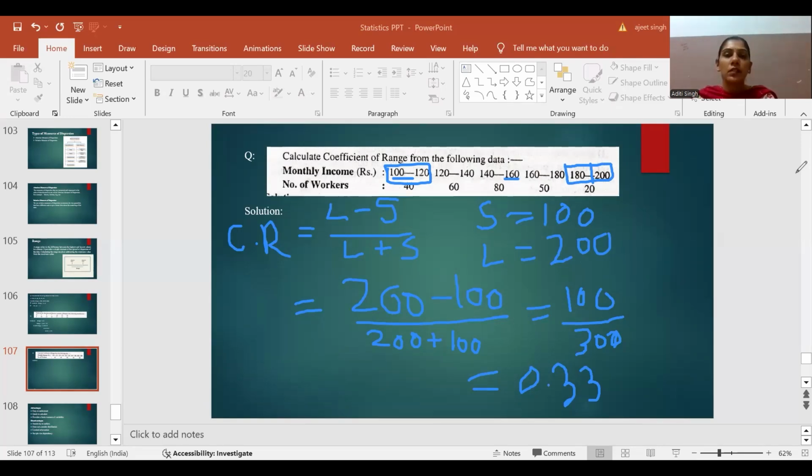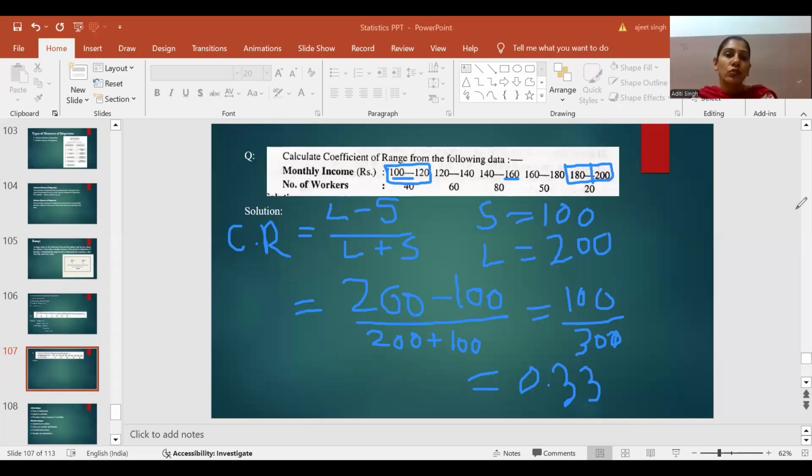Range is basically used to analyze the variation and dispersion of a data set, as we have done with the help of numericals also. Range is used in educational assessment to understand the variation in scores of students, which we also discussed in percentile, decile, and quartile.